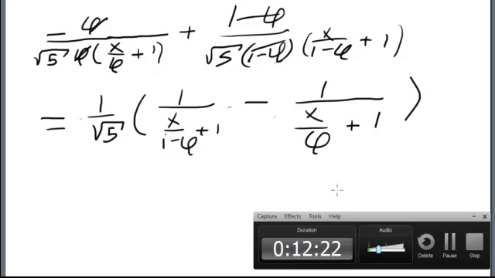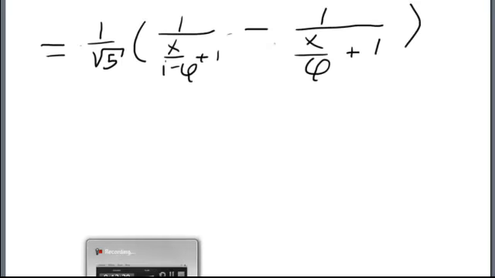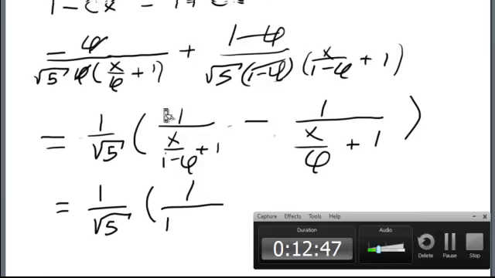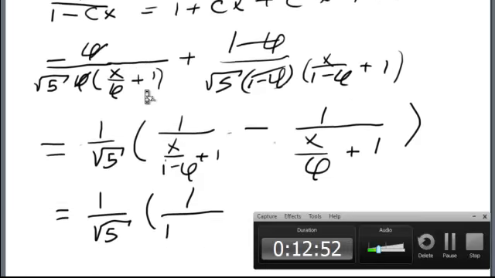Okay, and then let me pull this down real quick. So now that's going to equal 1 over the square root of 5 times 1 over, and I'm going to multiply by a negative. I'm going to switch that around so it looks like this term right here, so I can apply that knowledge.